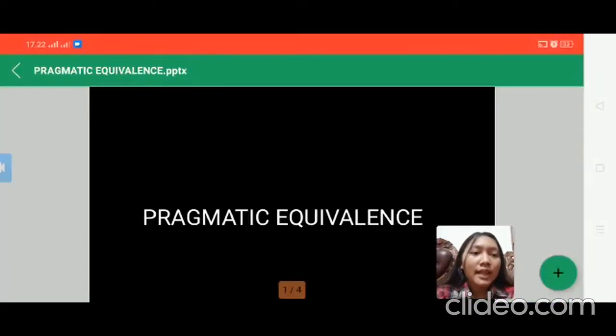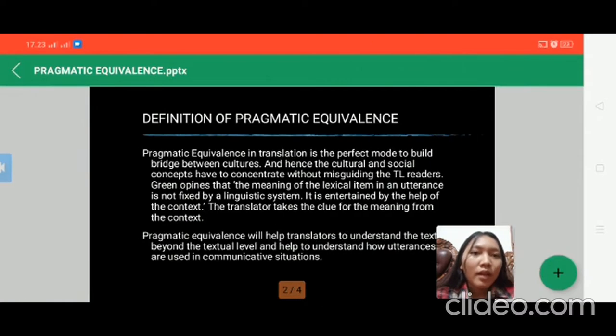I'm Jessica. I want to explain about the next type. It's about pragmatic equivalence. The definition of pragmatic equivalence. Pragmatic equivalence in translation is the perfect model to build a bridge between cultures. And hence, the culture and social concept have to be concentrated on without misguiding the TL readers.